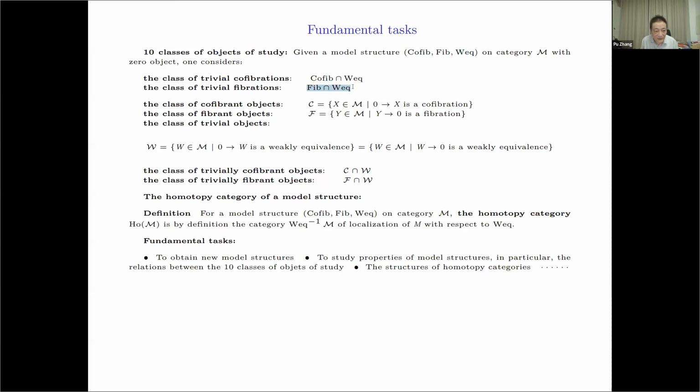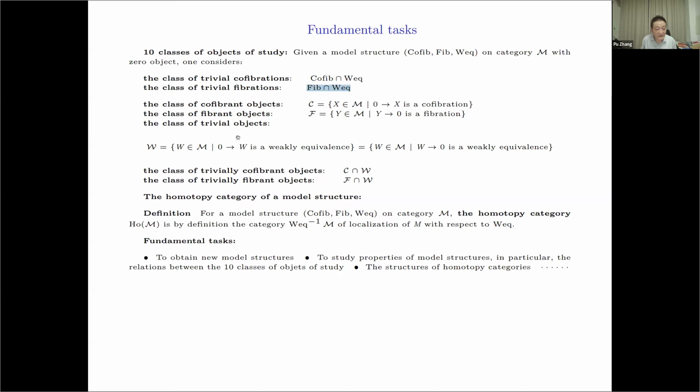This is the class of trivial fibrations, and this is the class of weak equivalences, and we also have five classes of objects. By C, we denote the class of cofibrant objects, that is all the objects X such that the zero morphism from 0 to X is a cofibration. This is the class of fibrant objects, that is all the objects Y such that Y to 0 is a fibration.